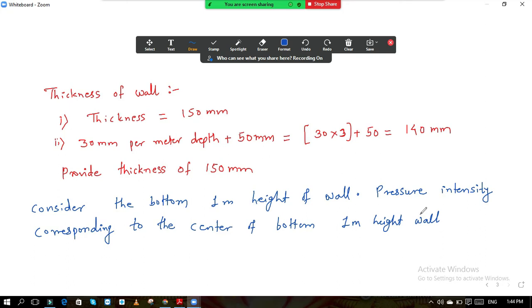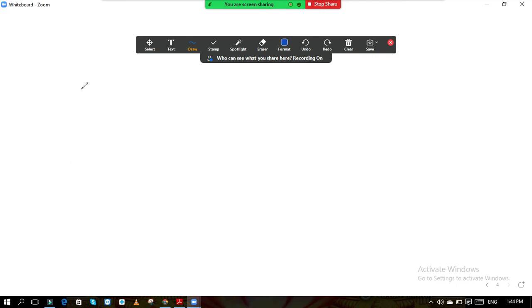So pressure intensity we are now calculating. This is the formula: P is equal to W into H, which is equal to 9810 into 2.5. Now where does this 2.5 come from? We have taken the bottom 1 meter height, so the center is at 0.5. The total height, the depth of water given is 3 meter.